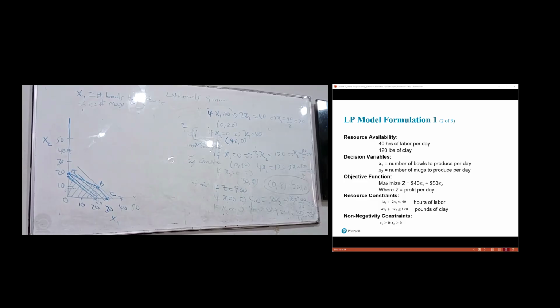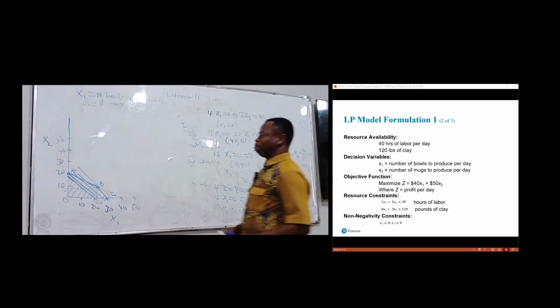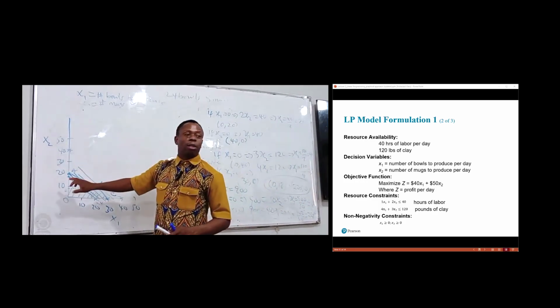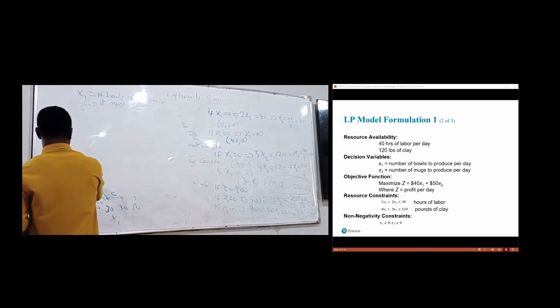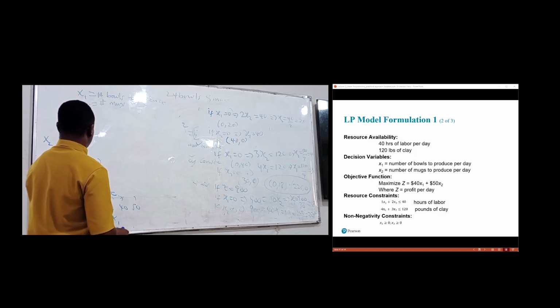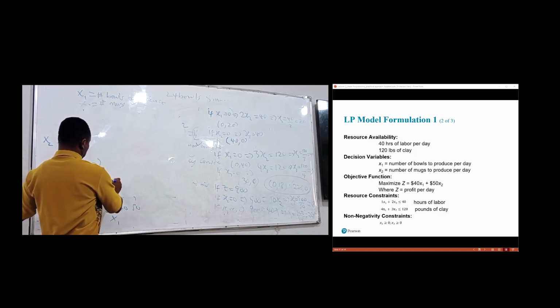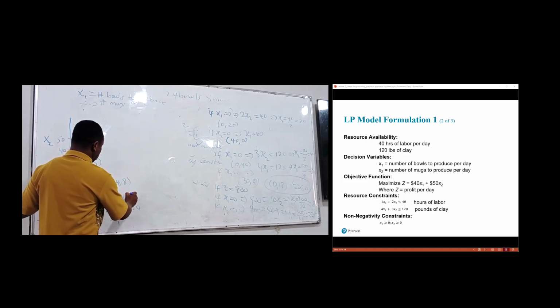If you are still not sure, what you do is use the coordinates. This point is what? 0, 20. This point is what? 24, 8. And this point is what? 30, 0.